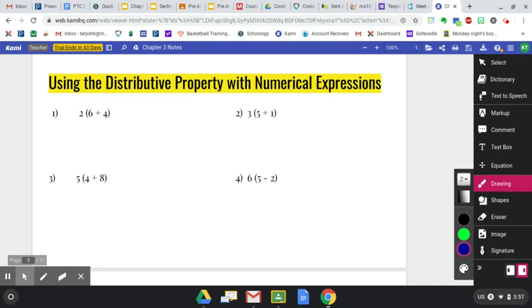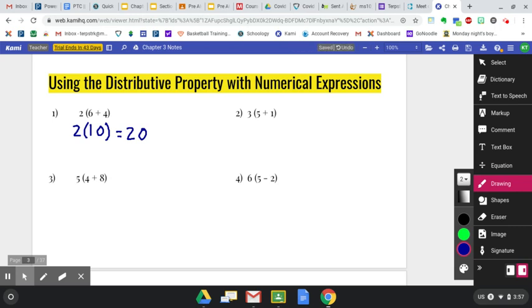So I'm going to first show you what it looks like using the order of operations. I can first combine these parentheses, right? 6 plus 4, and I get 10. And then I have this 2 times 10, which would give me 20. So that would be using the order of operations to solve.